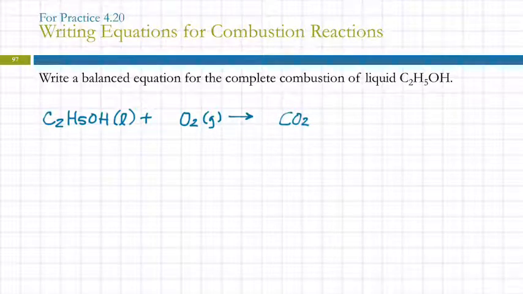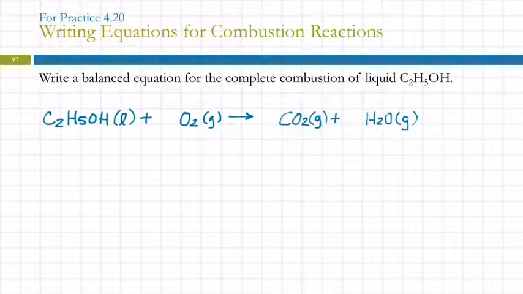So the products are carbon dioxide and water. So what state symbols should we put on these guys? Gases. So carbon dioxide's a gas. Water, normally we would put liquid, but if we're burning something, it's going to be hot, right? So the water's going to be a gas. I'm not going to try to trick you on that one, but there it is.